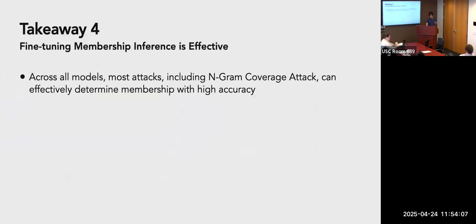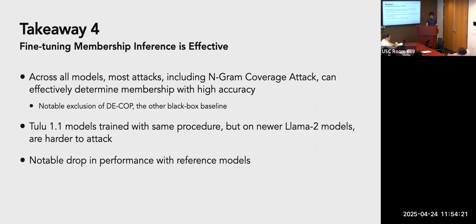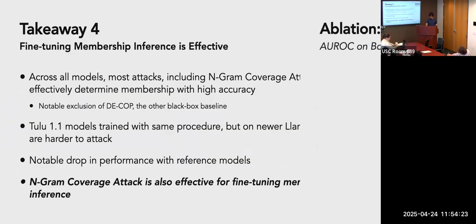The takeaway from this is that across all different methods, membership inference on fine-tuned models is something legitimate and something you can extract signal for. So that motivates future work, and is pretty interesting.